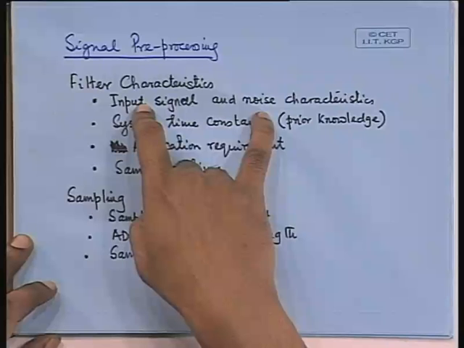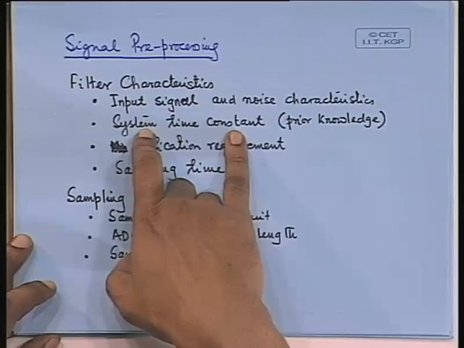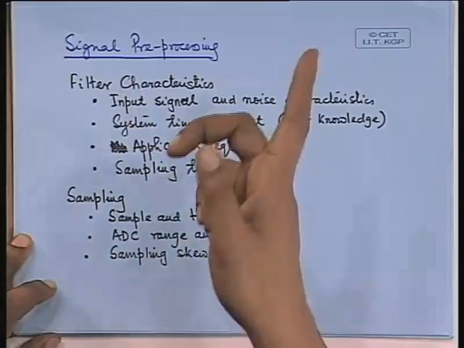So it's relatively easier to separate that noise out using filters. You need to know the input signal and the noise characteristics before you can design your filter. You also need to know the system time constant, because you want to keep that part of the signal which is within the system bandwidth. You don't want to keep that part of the signal which is outside the bandwidth, right?